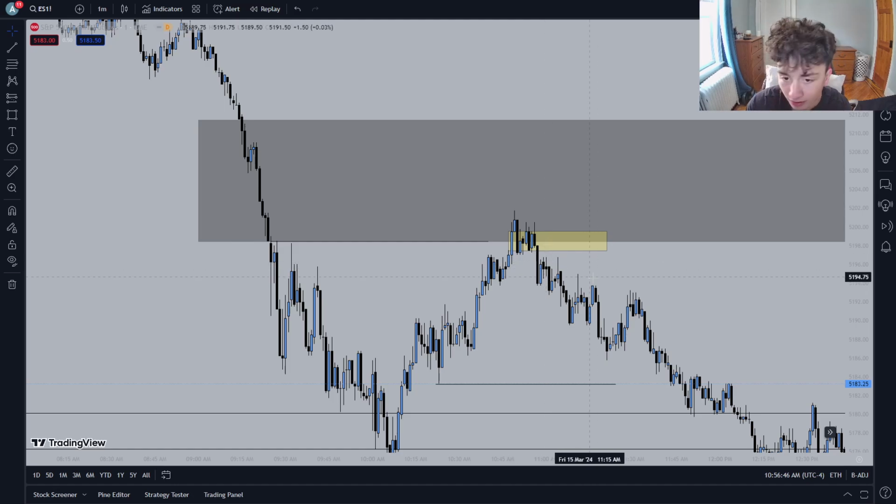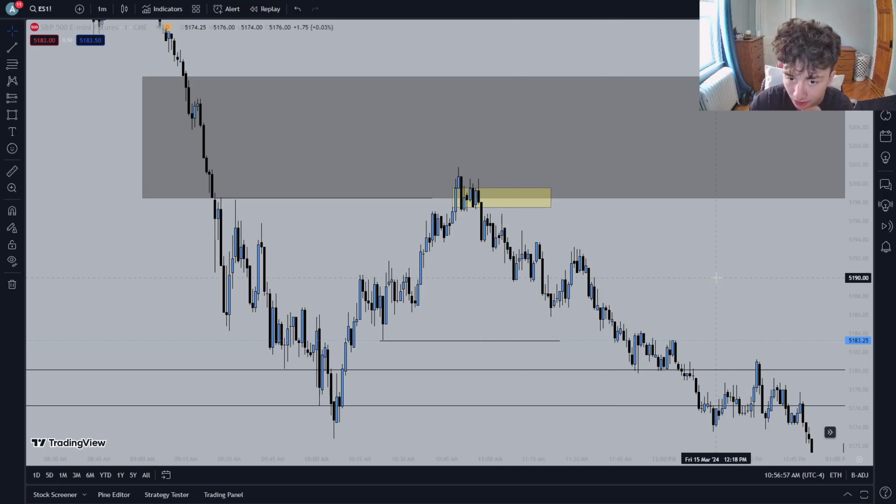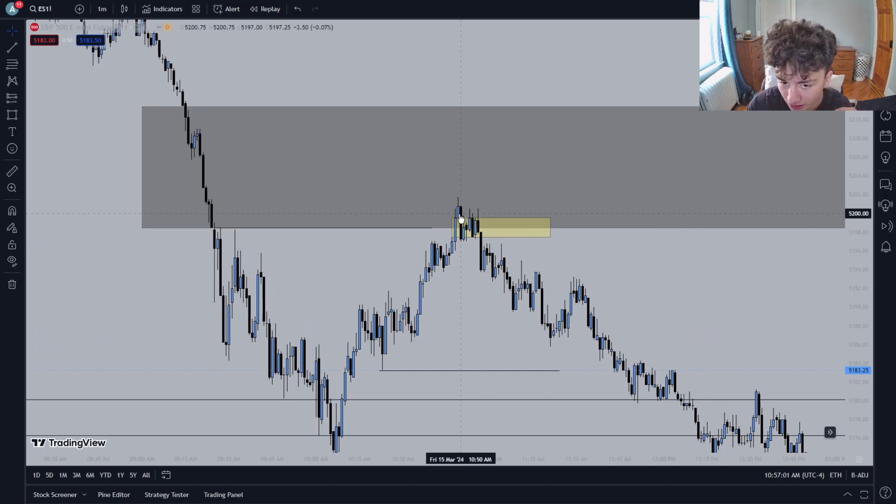Now, if it just tapped in and went a little bit more up, I would have never taken that trade. I would have never even looked for another setup, even though it probably would have come back down. It just makes you guess more. But this is a perfect example of a liquidity sweep and the disrespect of a bullish fair value gap or a bullish PD array.